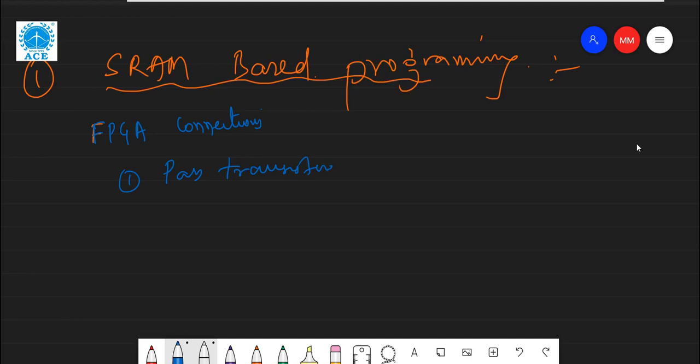As already given in CPLDs, where the switches are transistors only, here also we have pass transistors and transmission gates, and as we know, multiplexers.